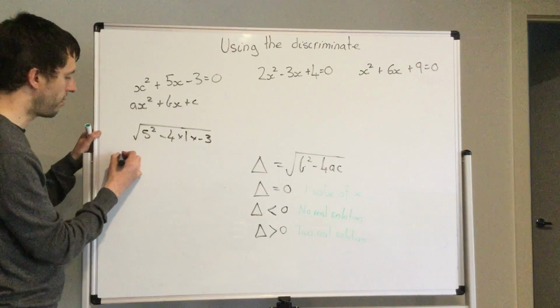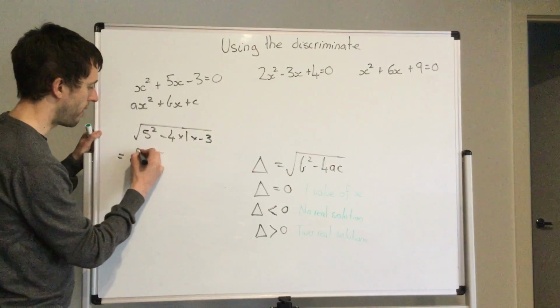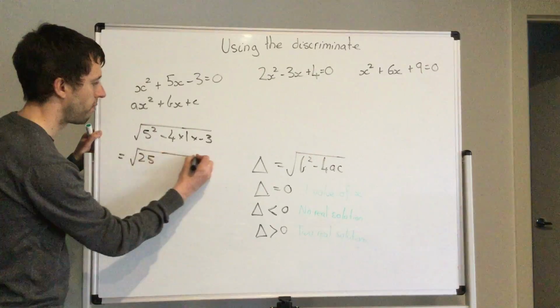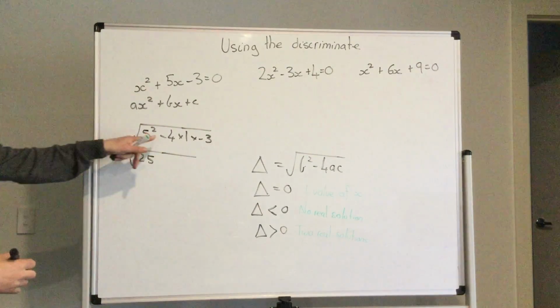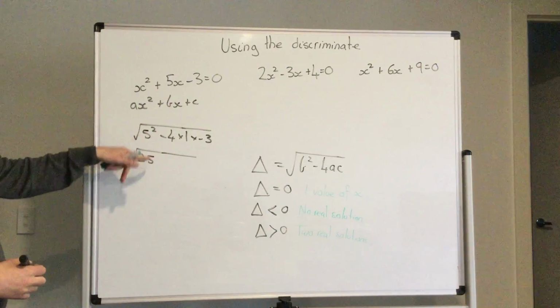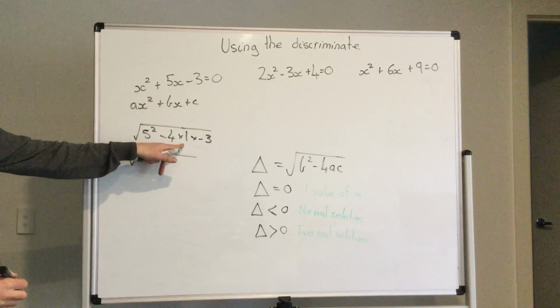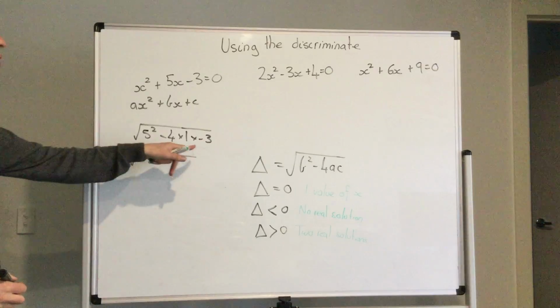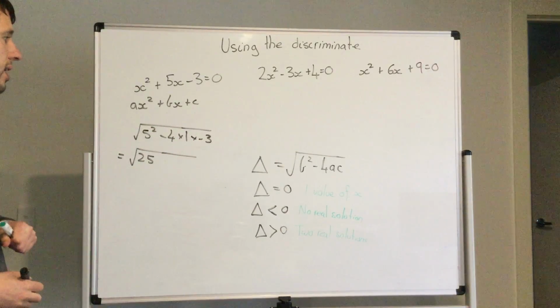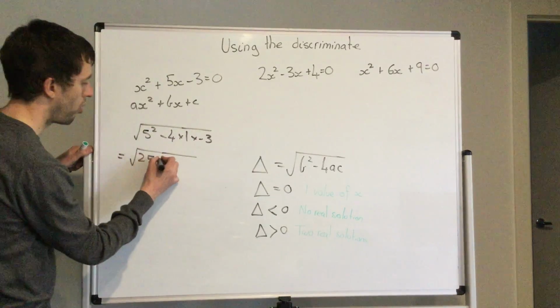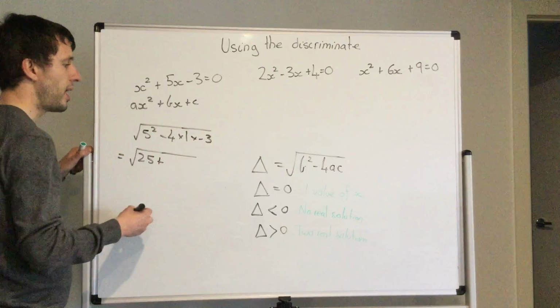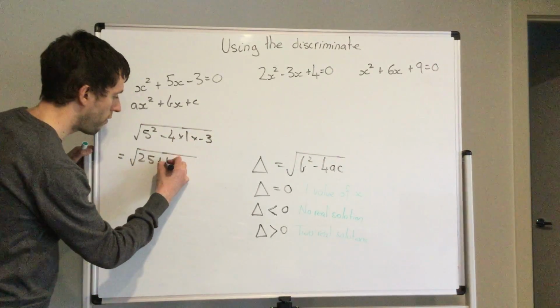Well, 5 squared is 25. And then next part, negative 4 times 1 is negative 4. Negative 4 times negative 3, well, that is a positive. So a positive 4 times 3 equals 12.